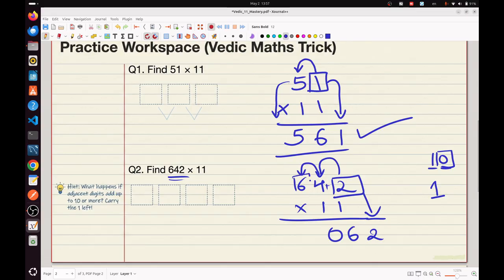Now the remaining last term is 6, which we were keeping in the first place. But here we have carry 1, so we add 6 plus 1, what will we get? 7, right? So instead of 6 we replace it with 7. So the answer is 7062. When we have a carry we need to be very careful.